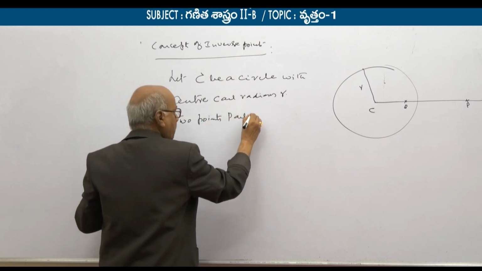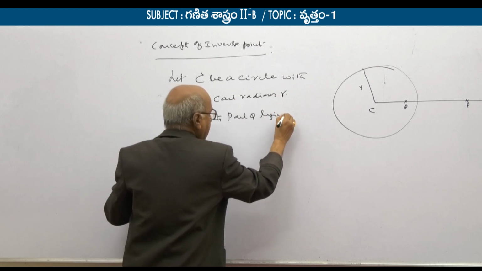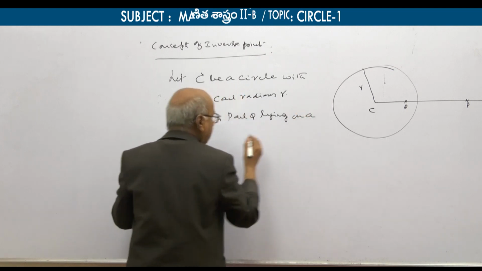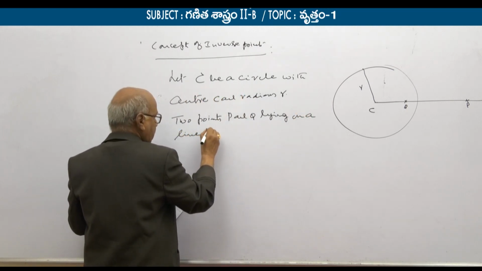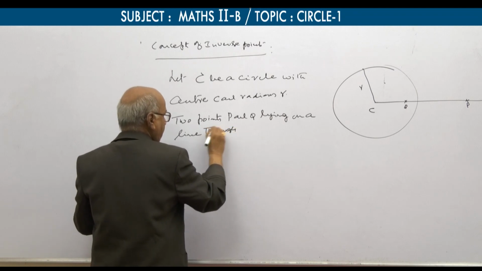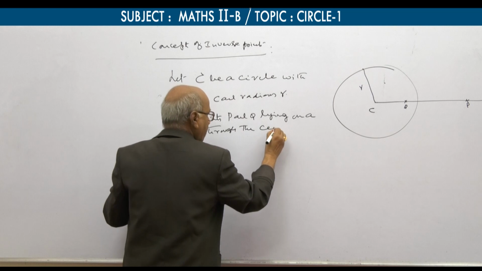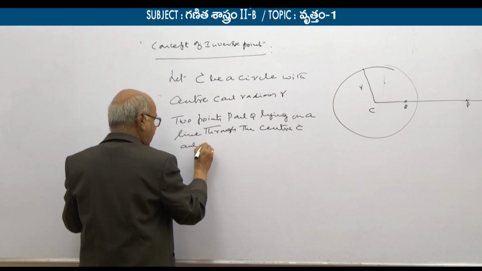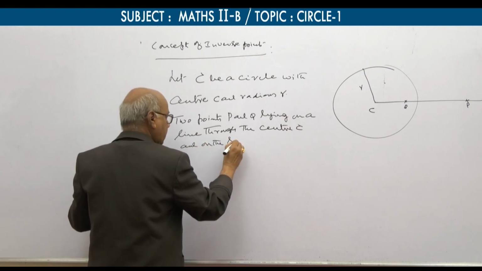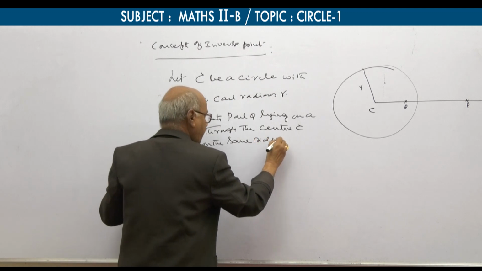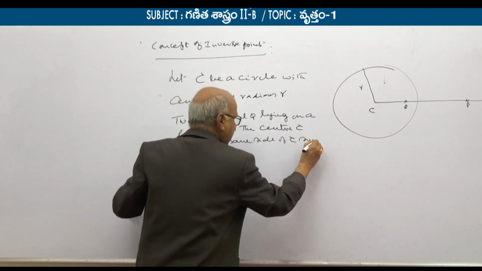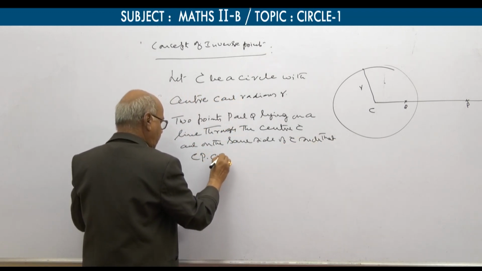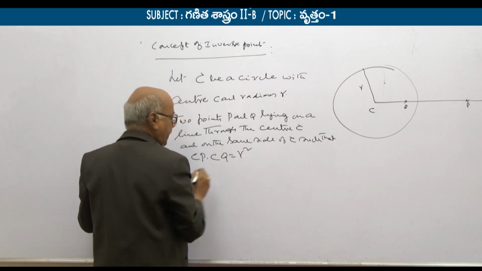Now 2 points P and Q lying on a line through the center C, and on the same side of C, such that CP into CQ is equal to r square, radius square.